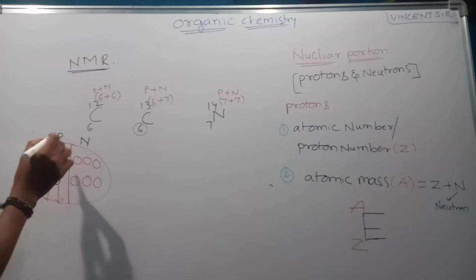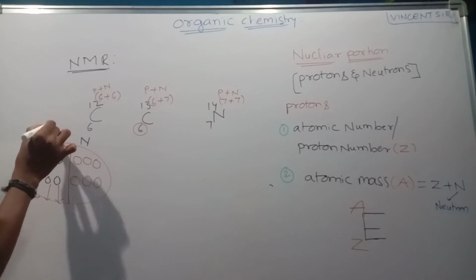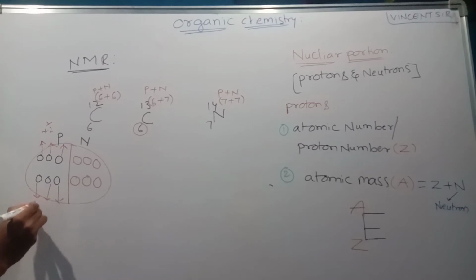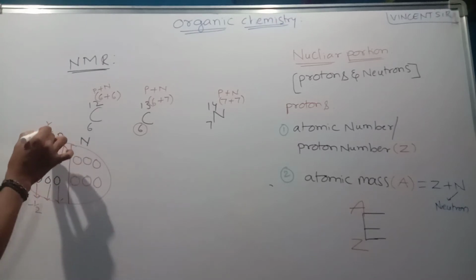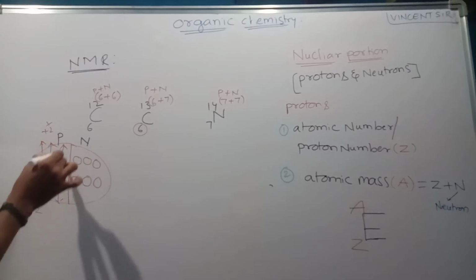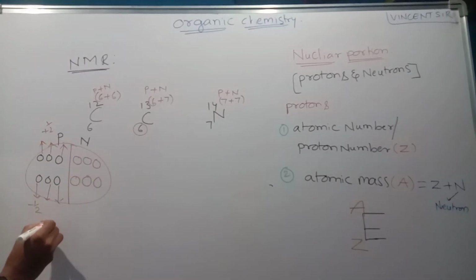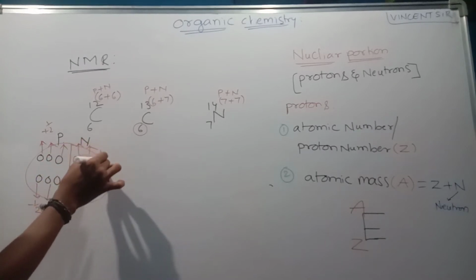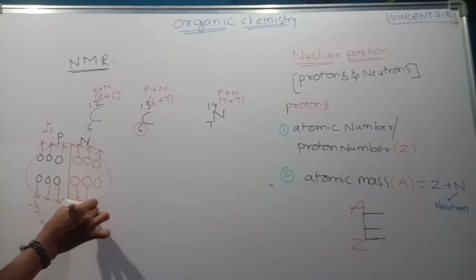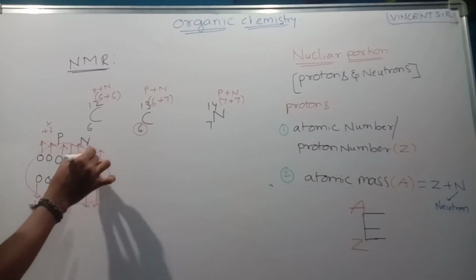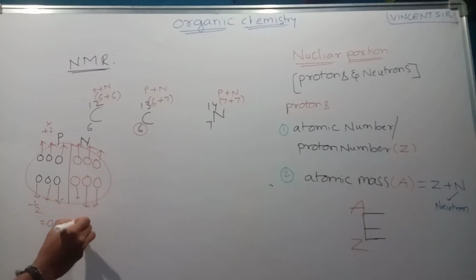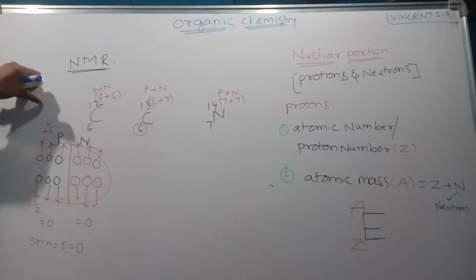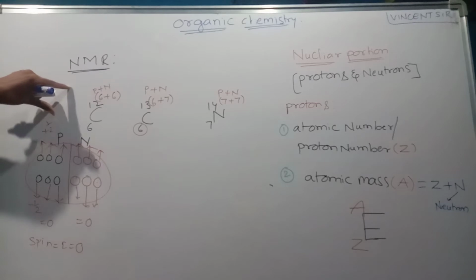The upward arrow indicates plus one half, and the downward arrow indicates minus one half. Plus and minus cancel, plus and minus cancel, plus and minus cancel, giving 0. Likewise, this one is also the same: plus and minus, plus and minus, plus and minus, giving 0. Then the spin quantum number of this element is 0, so it does not show in NMR spectroscopy.